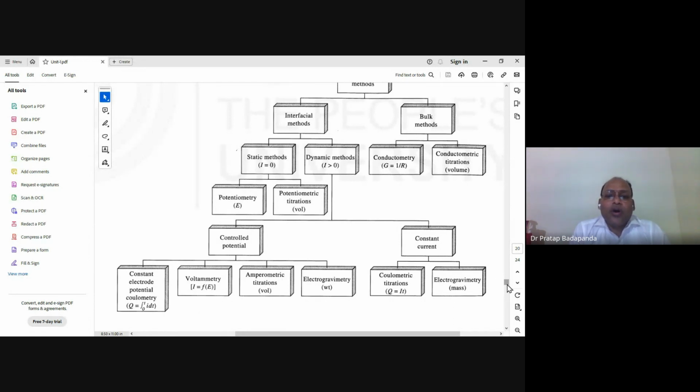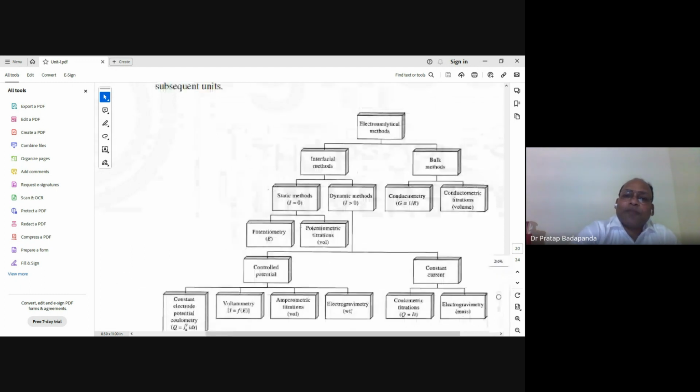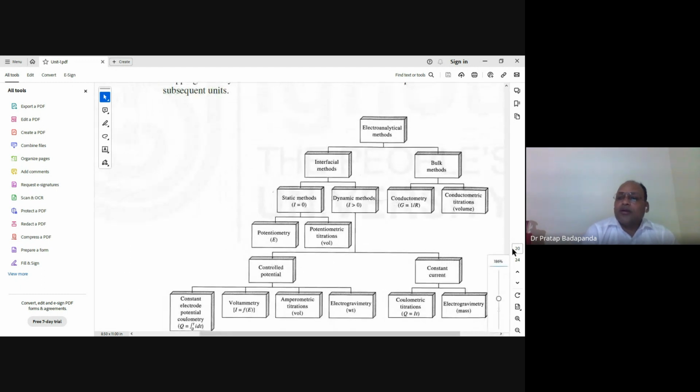Controlled potential is the constant electrode potential: coulometry, voltammetry, amperometry, and electrogravimetry. And the constant current methods are coulometric titration and electrogravimetric titration. So this is the complete representation of your chapter, which we have to finish.